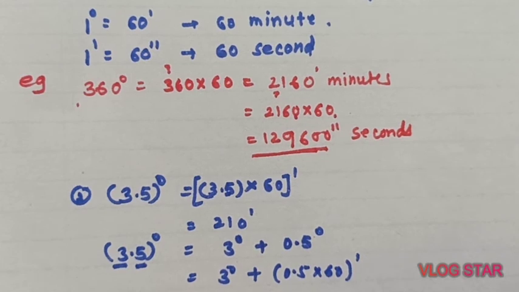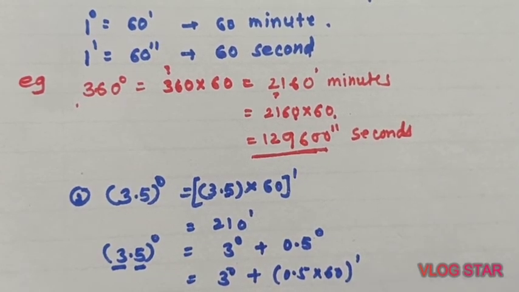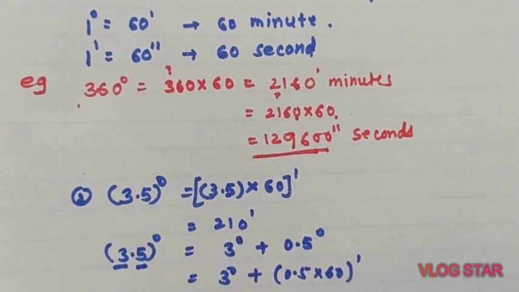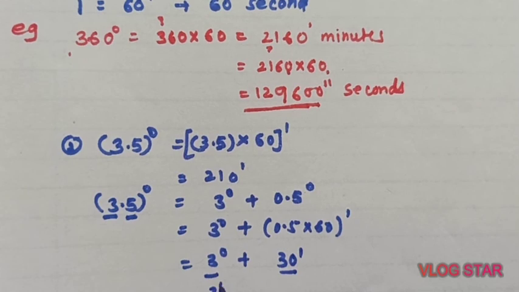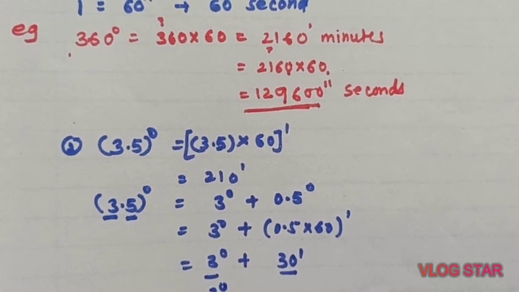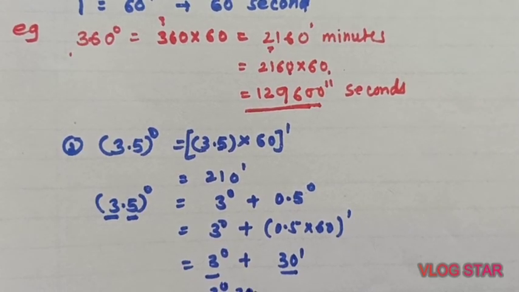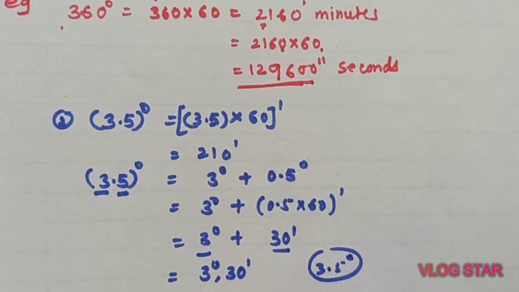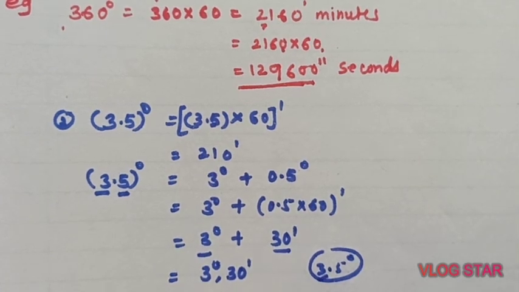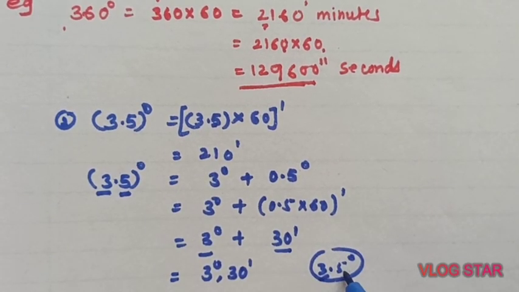So it is 30 what? Minutes. Means 3 degree 30 minutes. How to write 3 degree 30 minutes? It is 3 degree, put a comma, 30 minutes. So instead of writing 3.5 degree, we can write the integral part as 3 degree and 0.5 degree equivalent to 30 minutes.